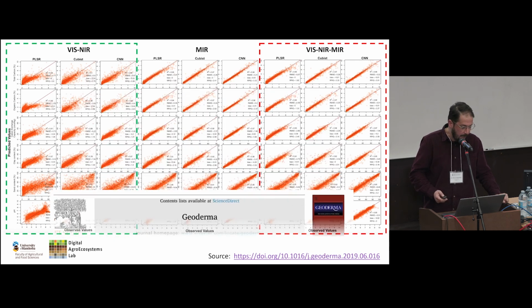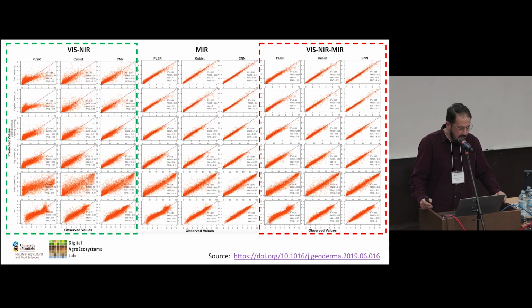What they found, within analyzing the physical soil properties: the total carbon, cation exchange capacity, pH, clay content, and sand content, basically they used 3 different models. The classical one, which is called PLSR, the Cubist, the most famous one in spectroscopy, and the CNN, which is the neural network that I'm talking about. Most of the time, the mid-infrared provides this 90% accuracy.